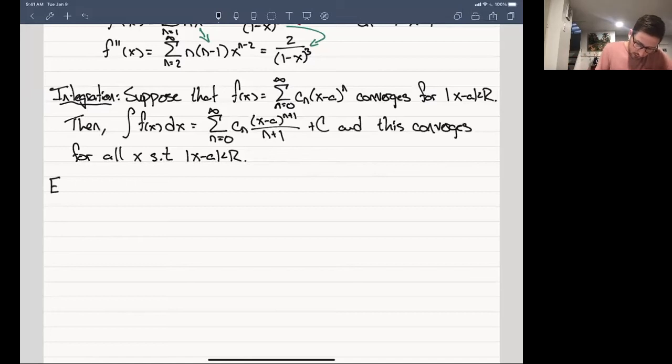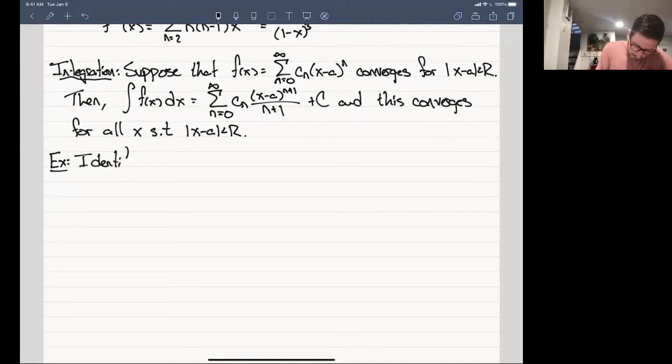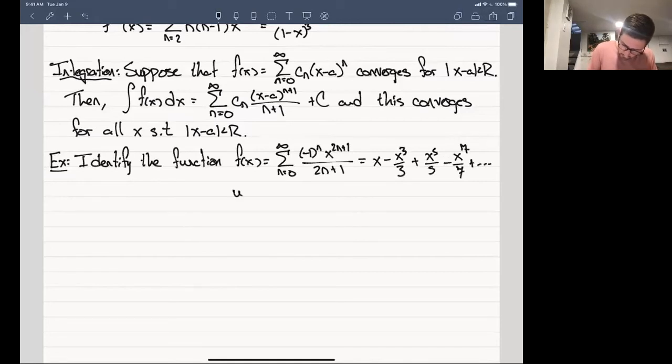Okay, so let's see how this works. Let's identify the function f of x equal to the infinite sum, n equal to 0 to infinity of minus 1 to the n, x to the 2n plus 1, divided by 2n plus 1, which I'll just write the first few terms so you can get a handle on what's going on here. x to the 5 over 5, minus x to the 7 over 7, and so on and so forth, with minus 1 less than or equal to x, which is less than or equal to 1.